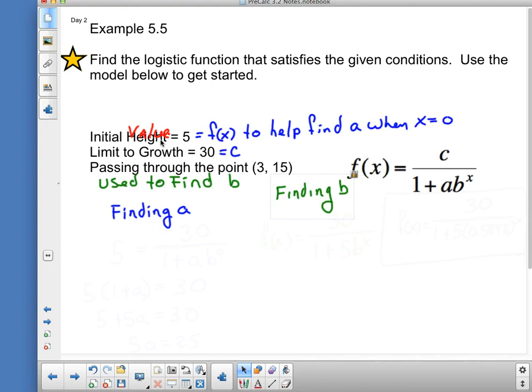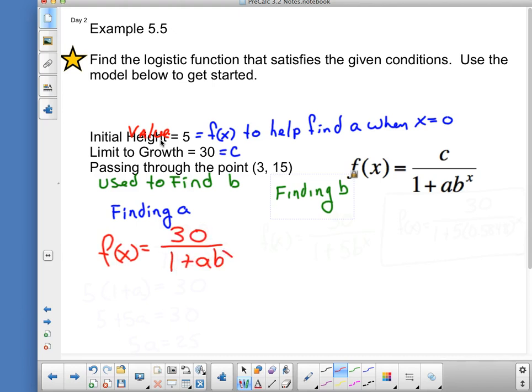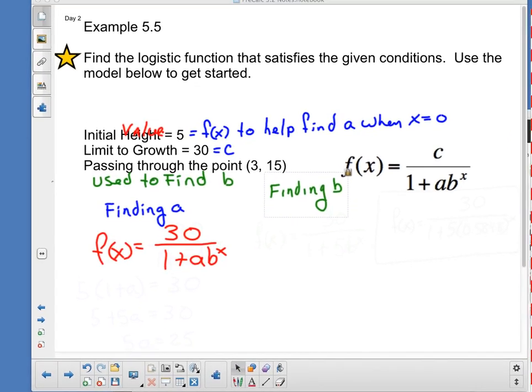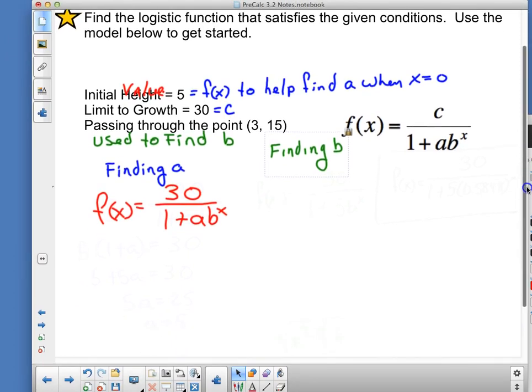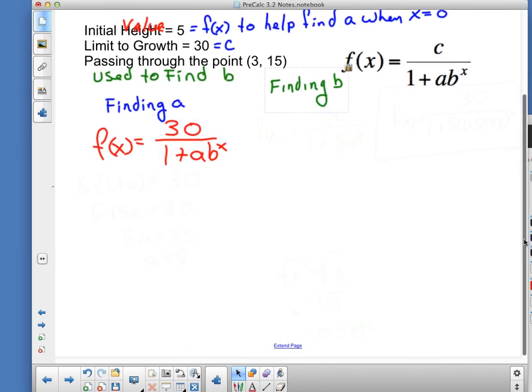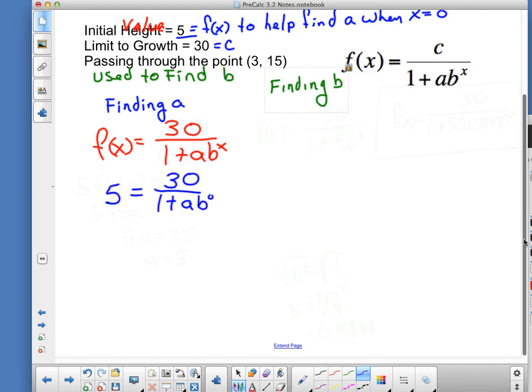But first, let's find A. So I'm going to look at my function, and I got my function. I'm told C is 30, so I've got that there. So I got 30 over 1 plus A b to the x. Now, in doing this, I've got to recognize that my initial value, 5, is when x is 0.